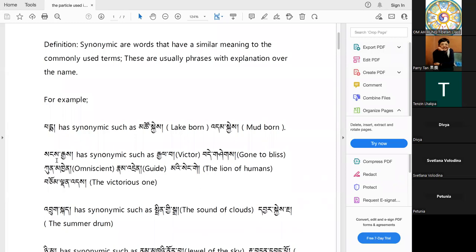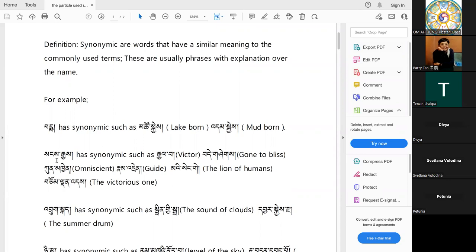Nam refers to the six classes of sentient beings. Dren means to pull or lead them to the Pure Land, the one who leads the sentient beings to the Pure Land, the guide.